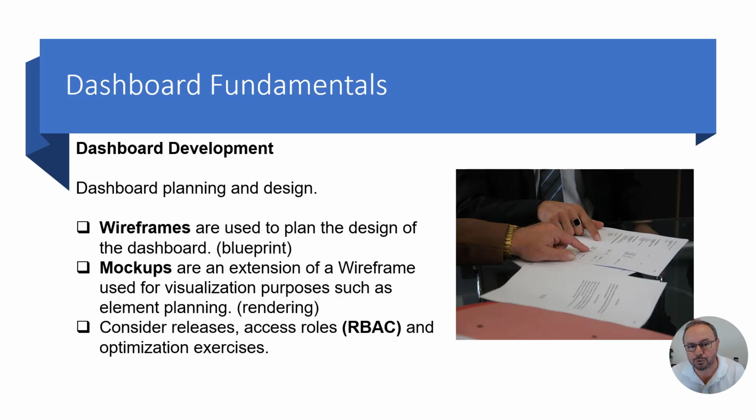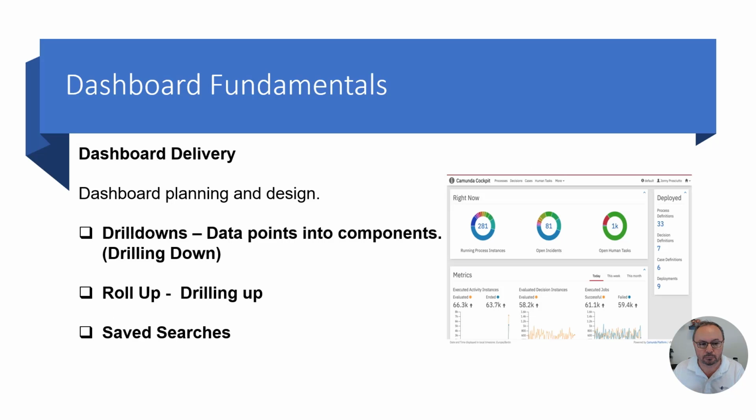When it comes to drilling down, that's where we want to dive into a specific data point around components. I'll talk more about this in the demonstration in the next lesson. So drill downs are data points into specific components. For example, we have a virtual machine.